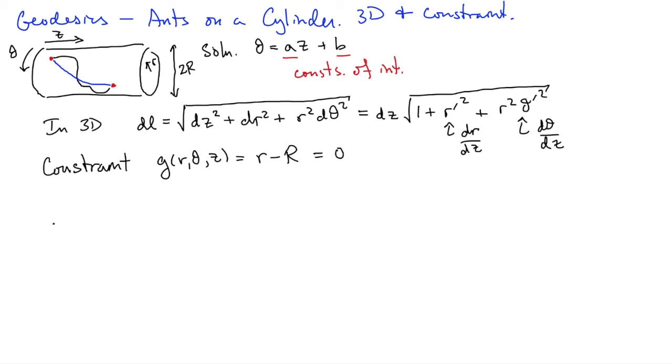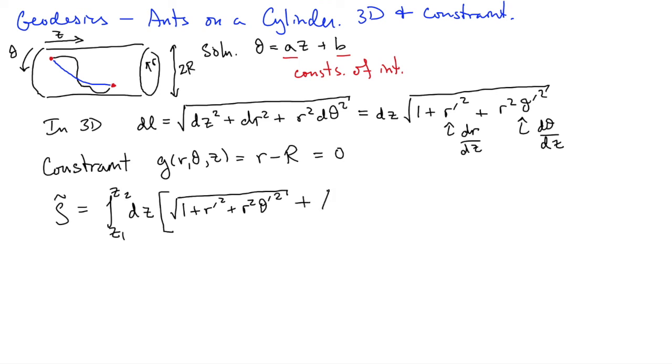Okay, so then our modified functional is the integral from z1 to z2 dz of the combination of our length element plus our Lagrange multiplier.